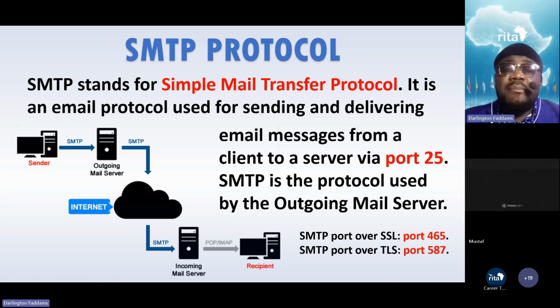Already, we talked about the two functions of the email server. We said it has an incoming mail server and it has an outgoing mail server. The outgoing mail server has one protocol that it works with. The outgoing server is what is responsible for sending messages out.